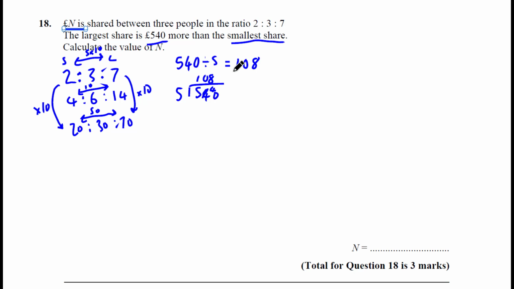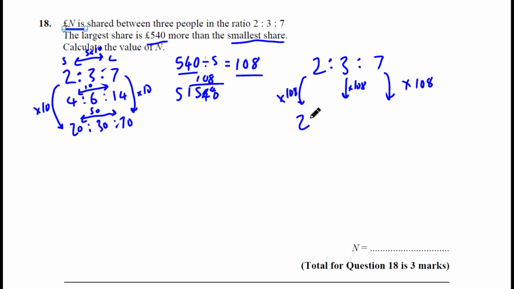So we need to multiply all of this, the ratio 2 to 3 to 7, by 108 to get the difference of 540 between the two people, smallest and largest. So times 108. We need to multiply by 108 to get the value of the total money shared.